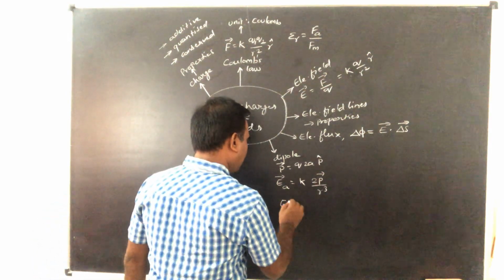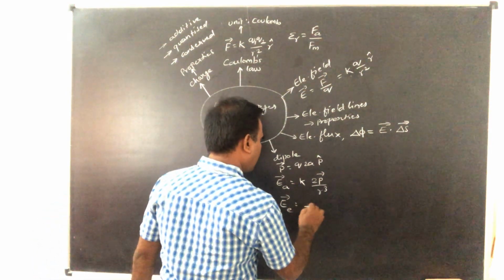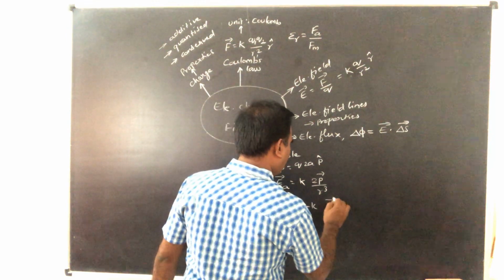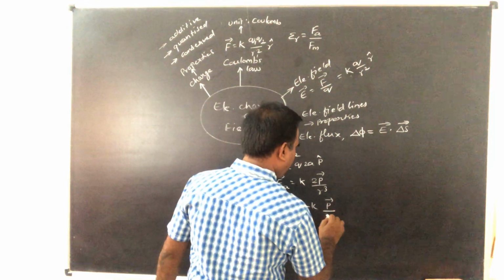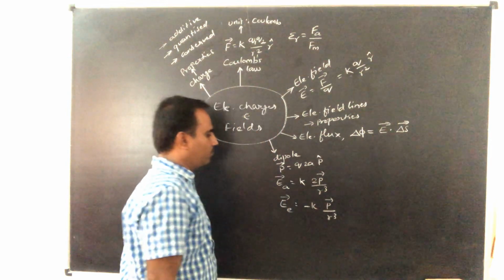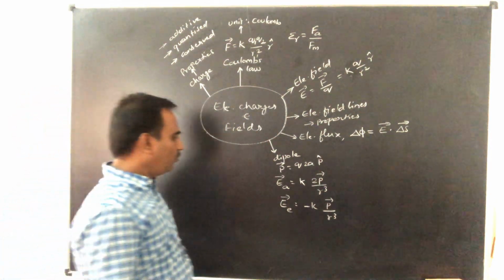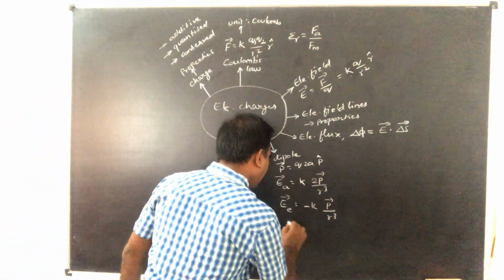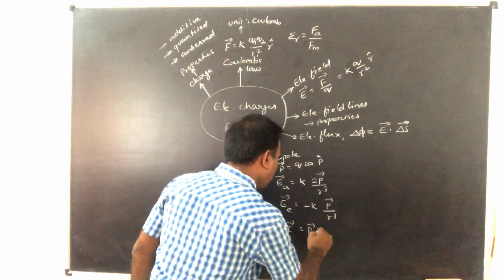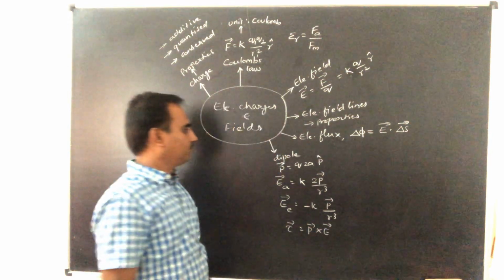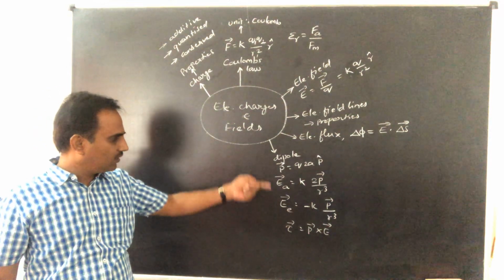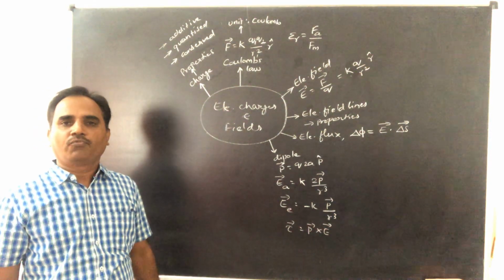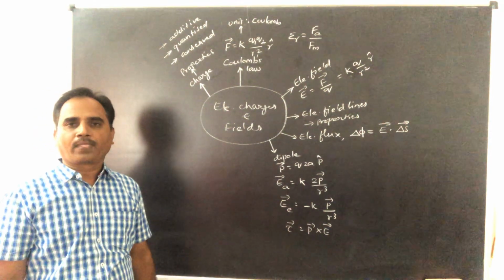Similarly, electric field on the equatorial line is given by minus k vector p divided by r cube. You also learned about this torque acting on this dipole. Tau is equal to P cross E. So these are the things which you learned regarding dipole.